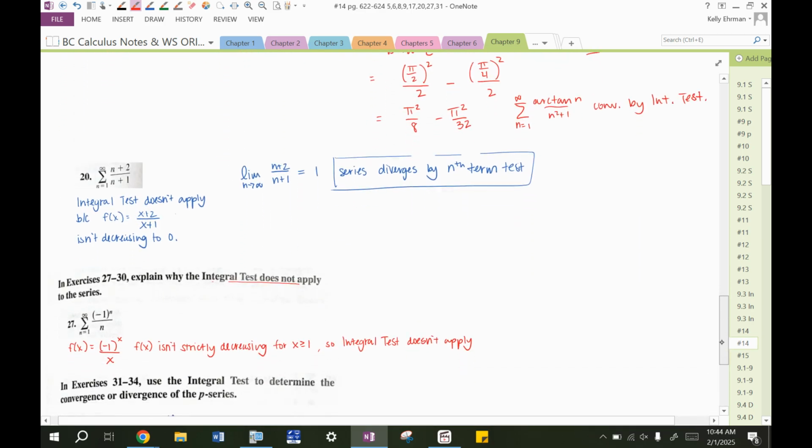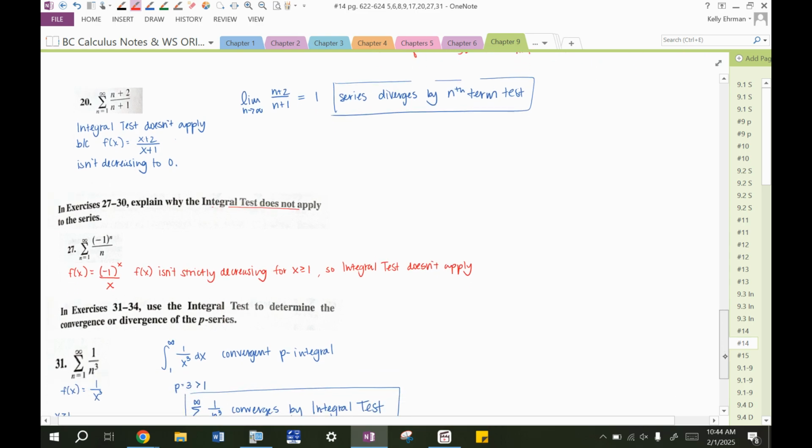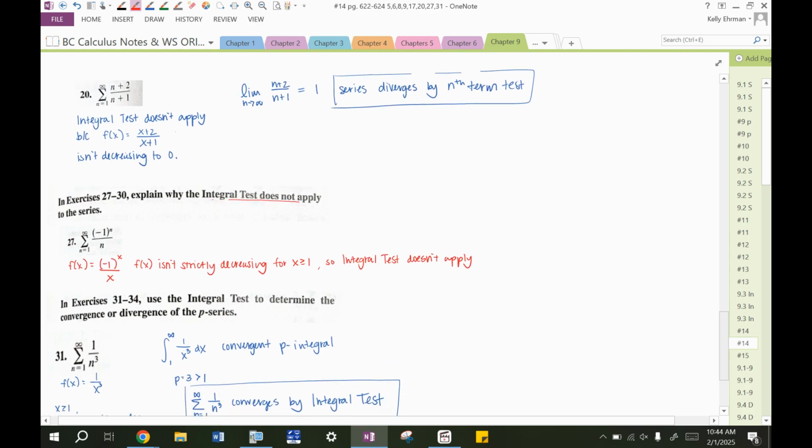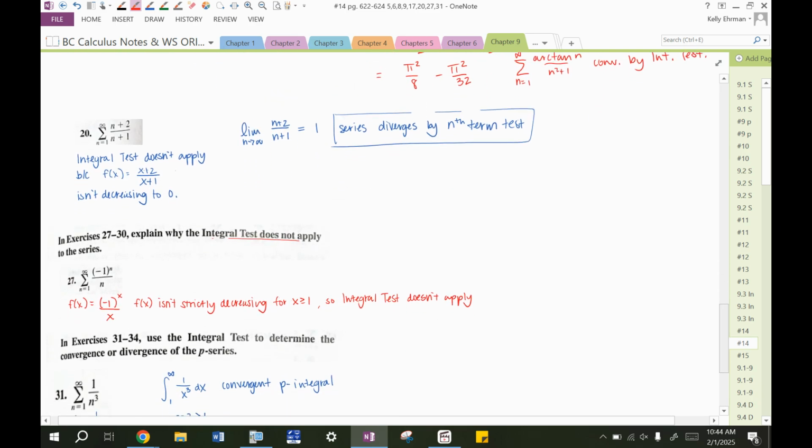All right, number 20. So I stopped erasing my work here because these just need explanations. So for 20, the directions say, no, never mind. We're in the same set of directions. This is the only one so far where the integral test doesn't apply. And that's because actually it fails the nth term test.